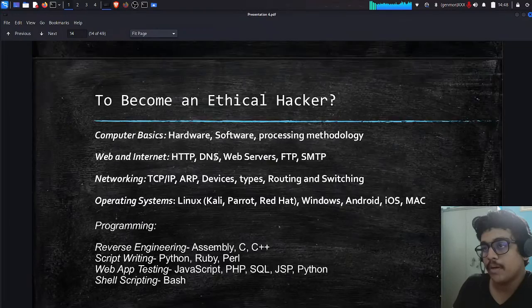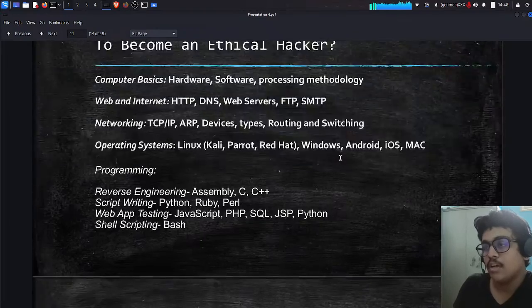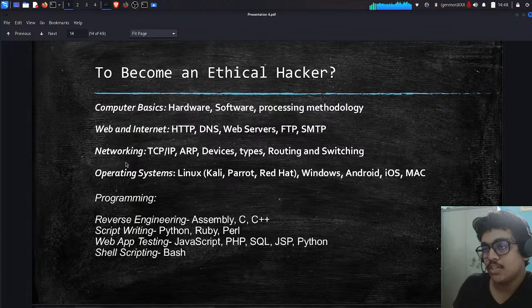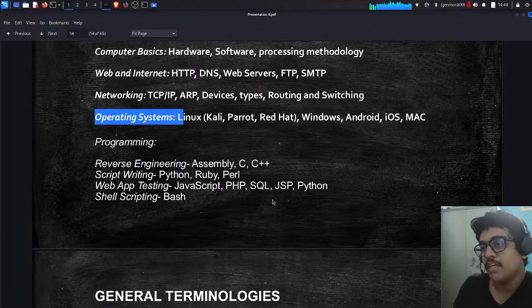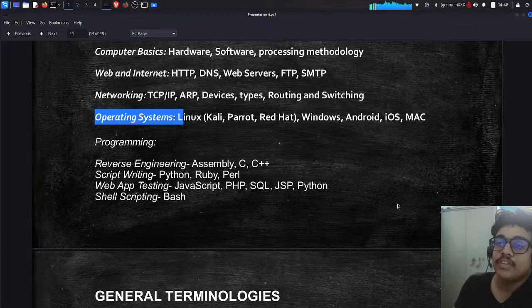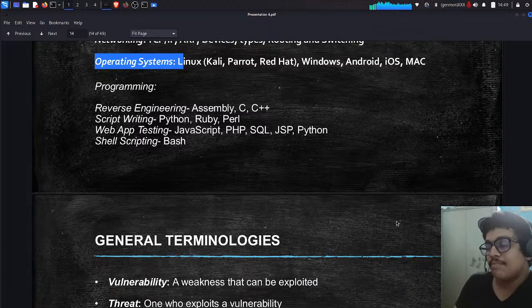You should not be tense about how you will cover it; I will be there in each and every session. Our future sessions will be focused on networking and operating systems. Thereafter, we will go for Linux fundamentals and bash scripting. After that, we will jump into penetration testing, and we will go stepwise through how to do good hacking.